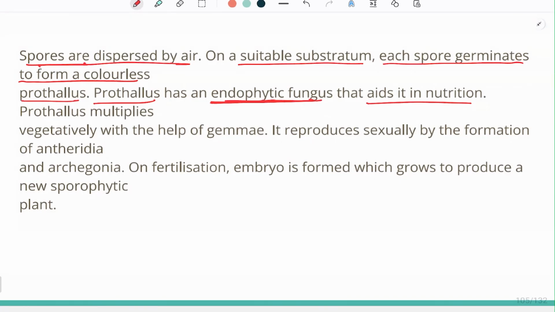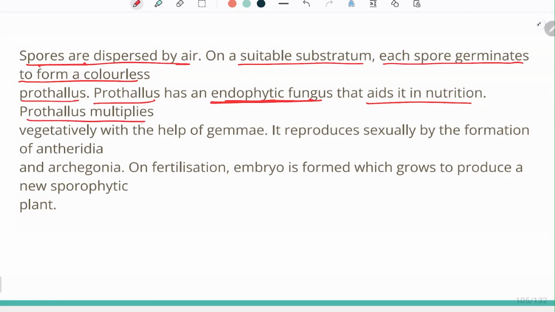When the spores germinate, they form a colorless prothallus, and sometimes this prothallus has an association with an endophytic fungus. This endophytic fungus will aid the prothallus in extracting nutrition from the soil.